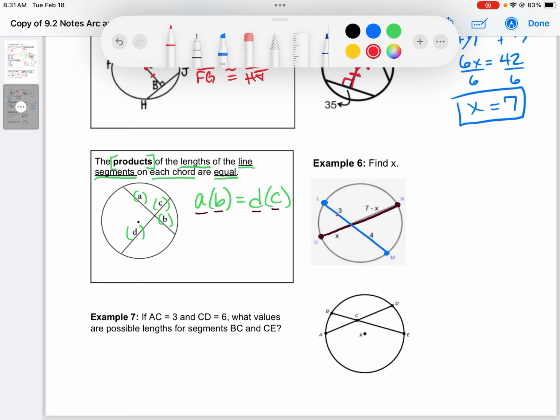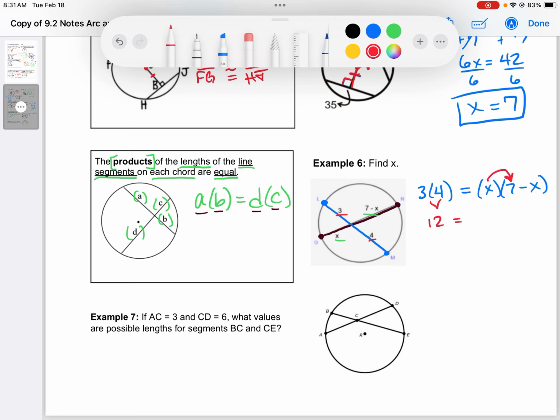And so what I've got is, the 3 and the 4 go together, the 7x and the x go together. And so what I'm saying is that I can take these segments and multiply them by each other, and they should be equal, okay? So on the left side, 3 times 4 is 12.